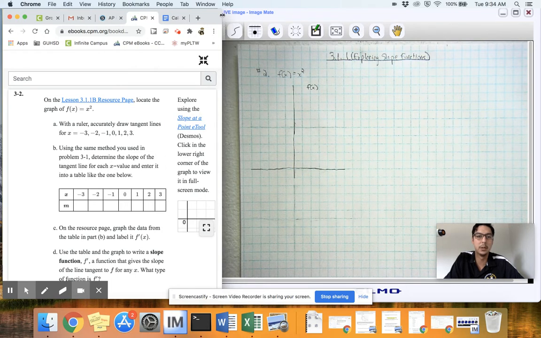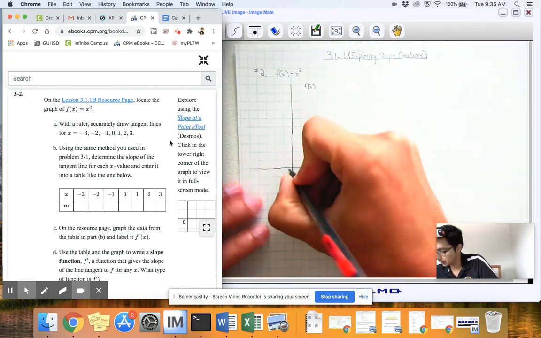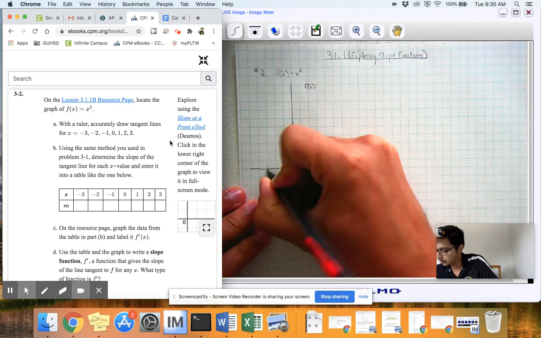What we see here for the first one is f(x) = x squared, and it tells us to graph it accurately and then draw tangent lines at each of those points. I'm going to do that here. You can skip ahead if you know how to do this. At -3, you'd be at 9.